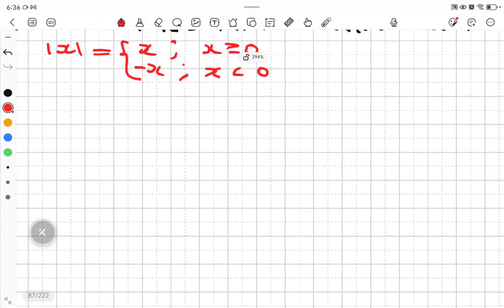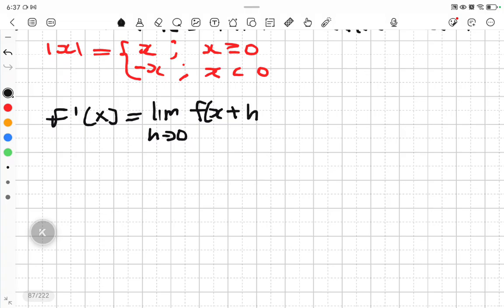So first, for us to solve this, we need to apply first principle. I'm going to say f prime of x is equal to the limit as h approaches 0 of f of x plus h minus f of x all over h.